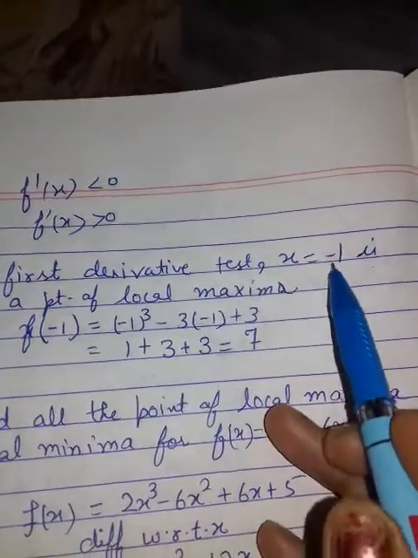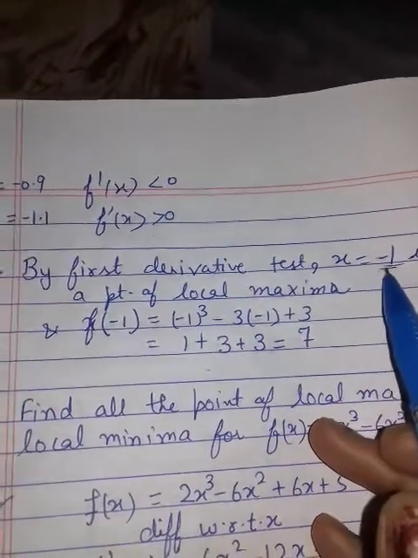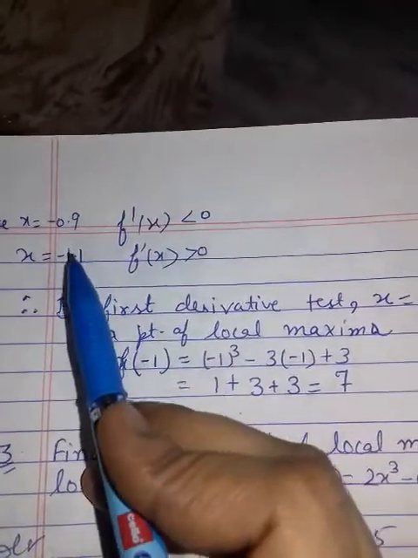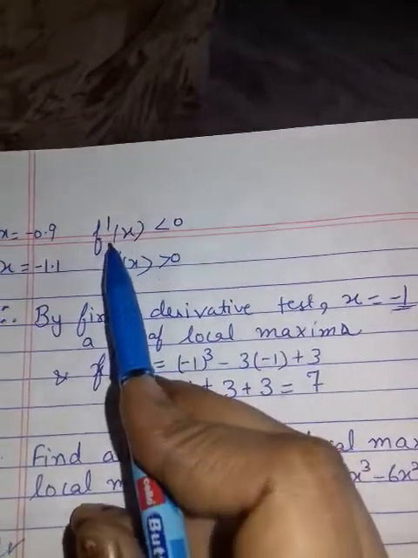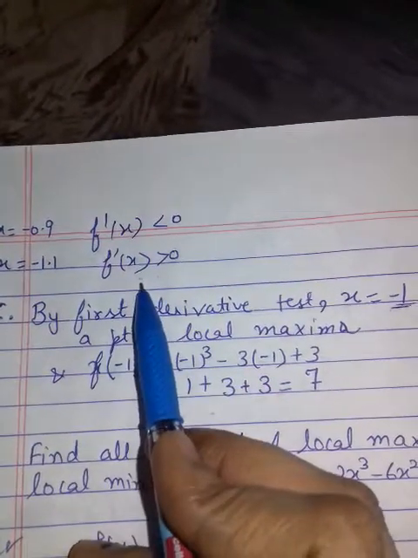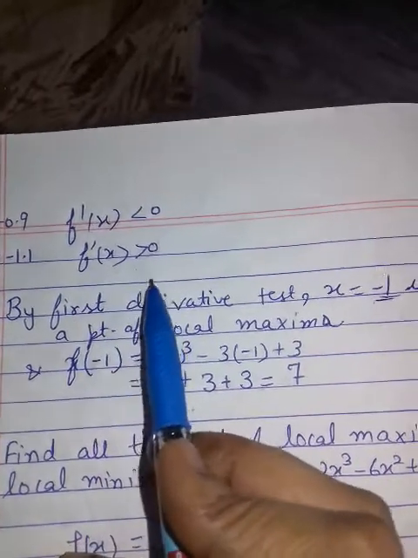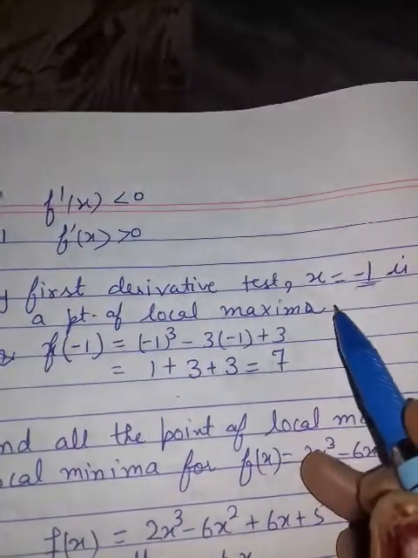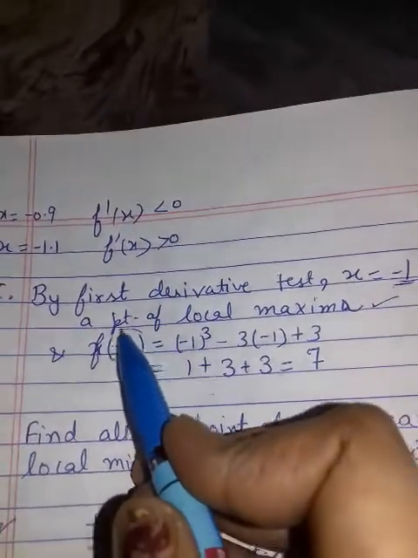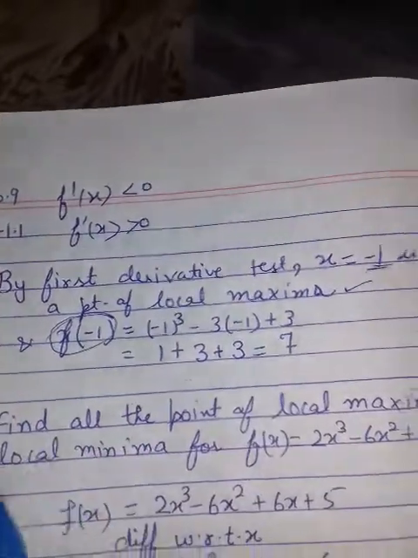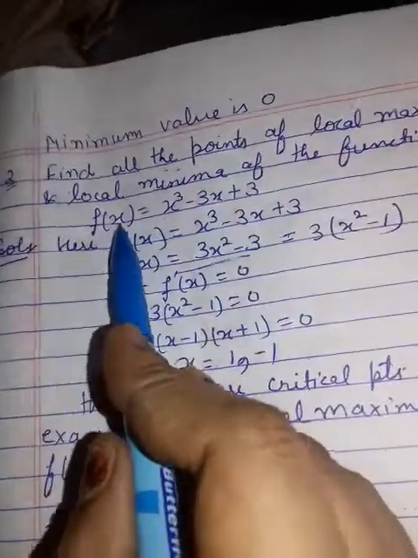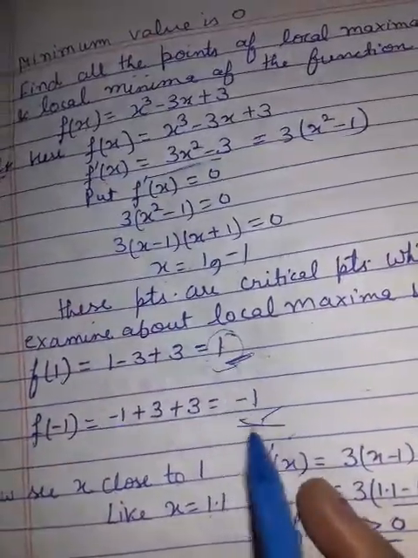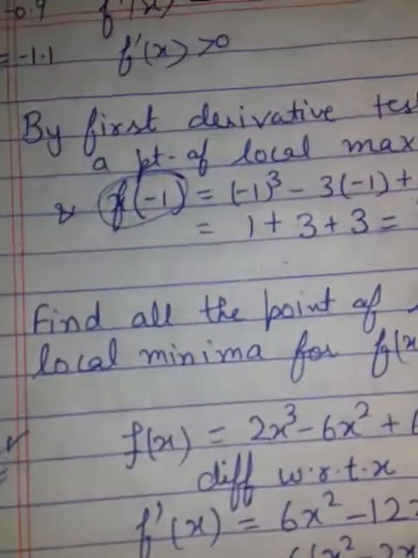Why? Because the values to the left are greater, and when you take the values to the right, they become less. So this is the point of local maximum. You put the value of x as minus 1, and we get minus 1 as the local maximum value.